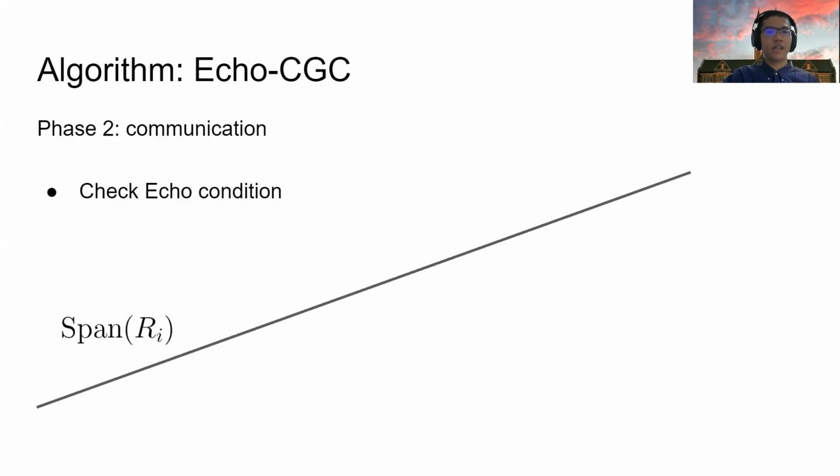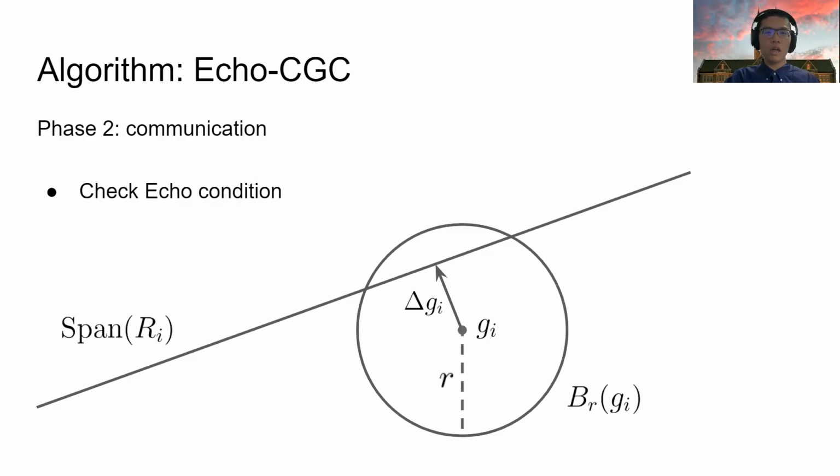The intuition is that if there exists some gradient in the span of R_i that is close enough to the estimated gradient G_i, then the worker can return to the server an approximate gradient in the form of a linear combination of the stored gradients in R_i. For example, let radius r be some threshold distance, then the echo condition is equivalent to checking whether the span of R_i intersects with the ball with radius r centered at G_i.